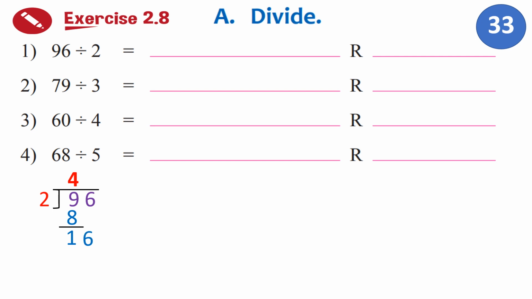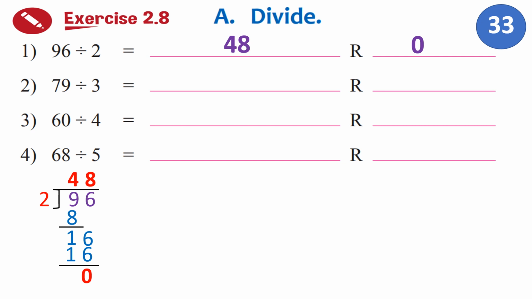Now you have 16. 16 divided by 2, you have 8. 8 times 2 is 16. Then 16 minus 16 is 0. Your answer for number 1 is 48, and then remainder 0.